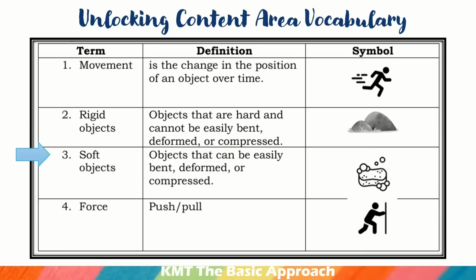Number 3, soft objects. Objects that can easily bend, deform, or compress. Look at the symbol. And number 4, force. It is a push or pull. Look at the symbol.